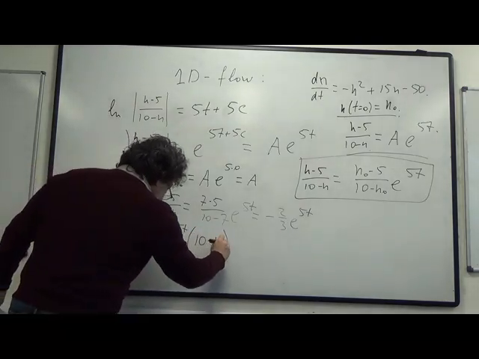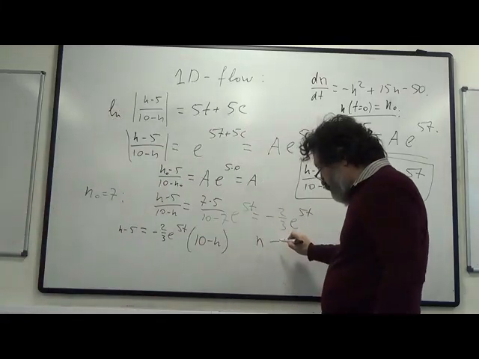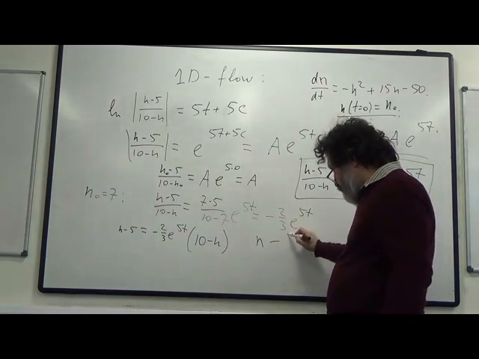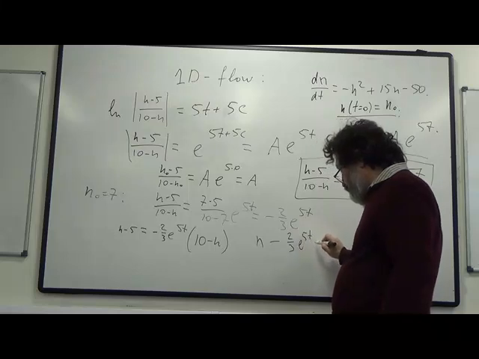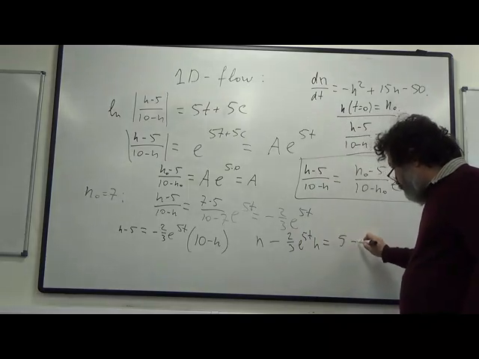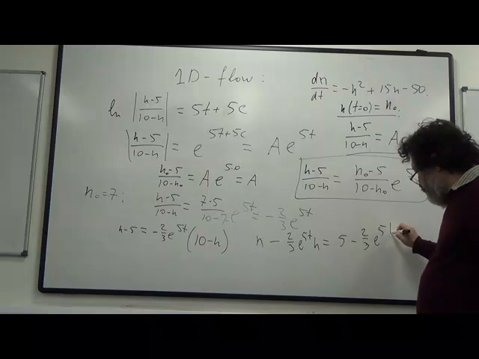N equals to 5 minus 2 over 3 e to the power of 5t times n.